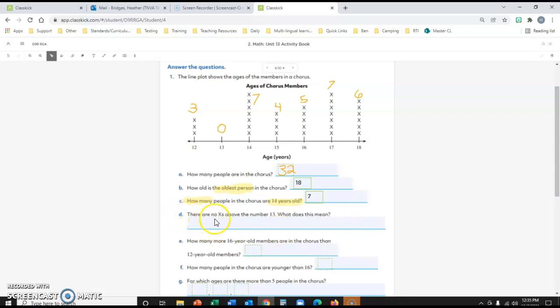D, there are no x's above the number 13. What does this mean? Well, if we don't have any x's right here, then that represents that there are 0 chorus members. There are no chorus members that are 13-year-olds.